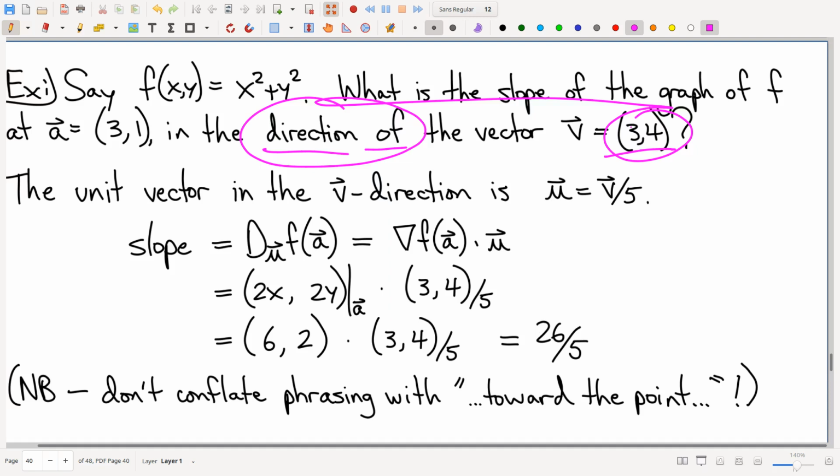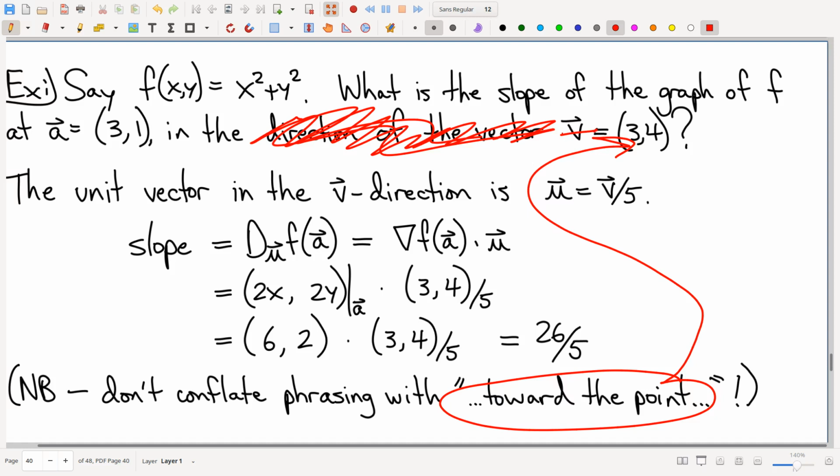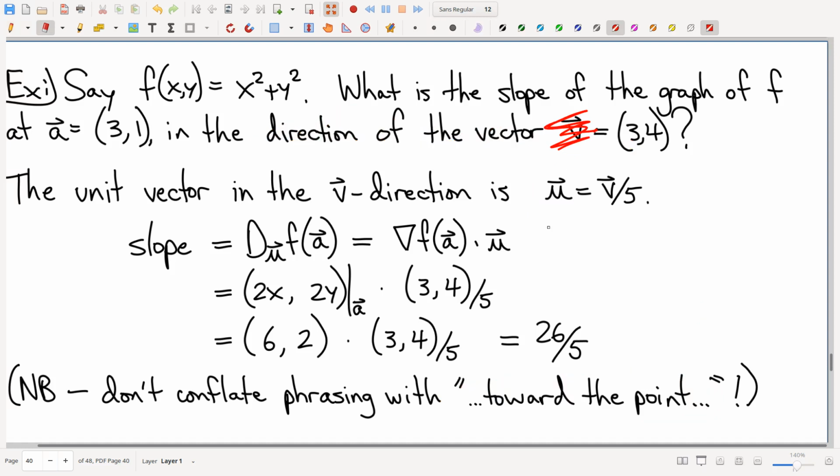Now, students will sometimes misunderstand this and think of it as toward the point 3, 4. And that's just absolutely not what got said, and it's not how to make sense out of this question.